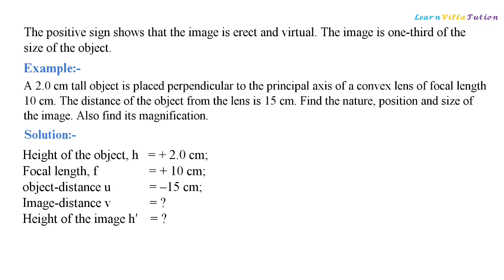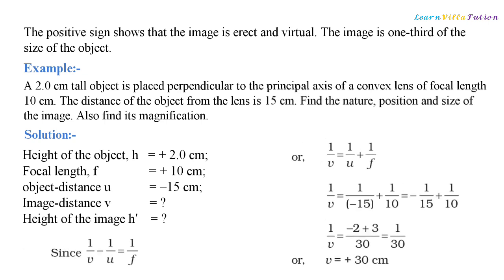Focal length f is equal to plus 10 centimeter. Object distance u is equal to minus 15 centimeter. We need to find image distance v and height of the image h dash.